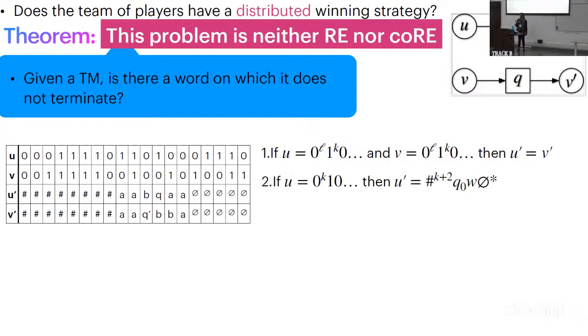The second condition would say that if there is a single one, then the output should be the initial configuration of the Turing machine on some word. So you will put some padding, one more sharp for this 1 and one more sharp for this 0. After that, you will start outputting the real Turing machine configuration.